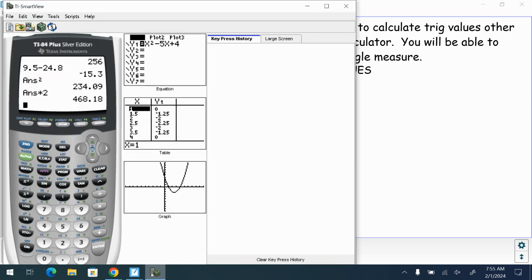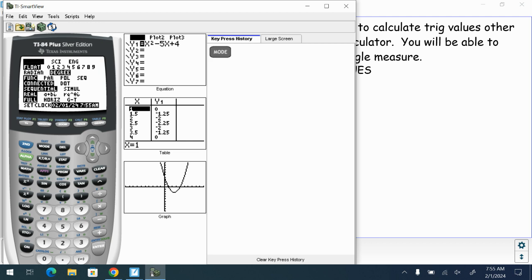I need you to hit the mode button, which is right beside the blue button up top. On the third line down, you have radian and degree. You need to make sure that degree is highlighted.